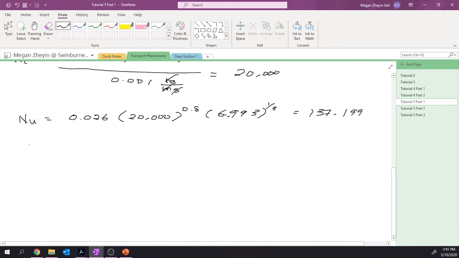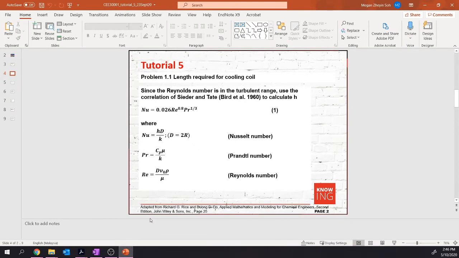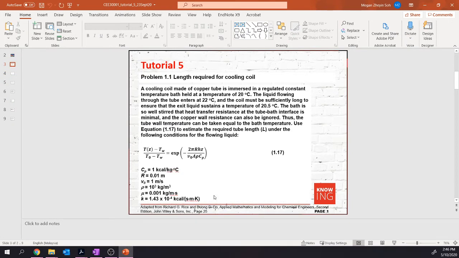Then we want to identify what is our TL, Tw, and what is our T0. Our TL is 20.5.